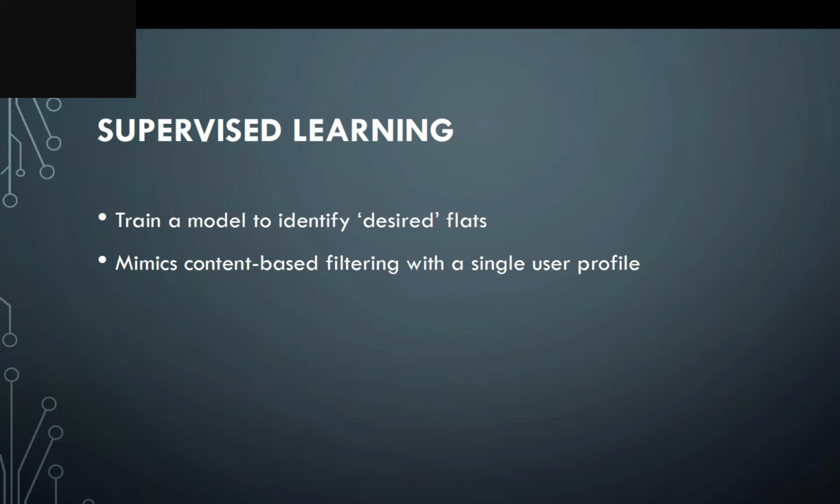This way we mimic content-based filtering with just a single user profile. In a real-world scenario, we would have several users with their preferences, and we would need to build a more complicated system. But in our use case, we just follow this simple guideline.